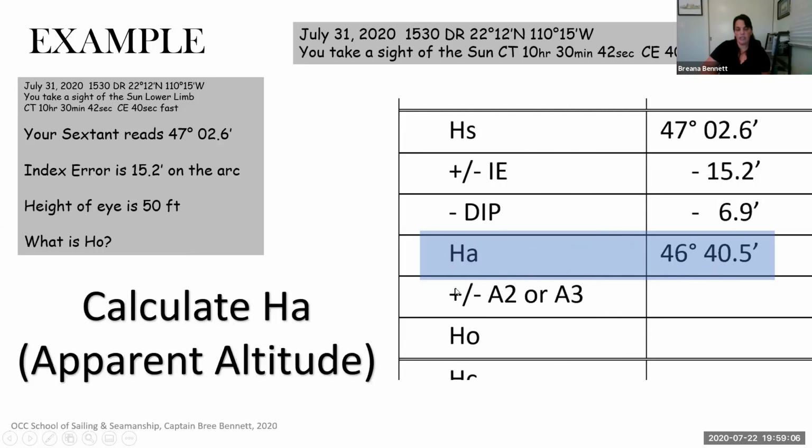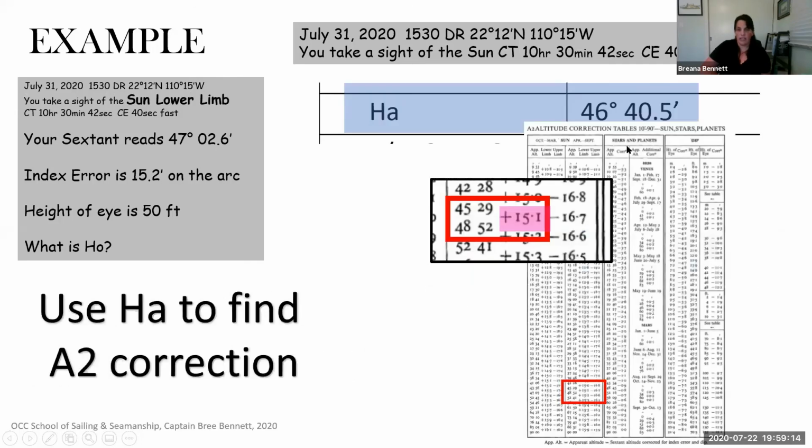Now we could go in and use our apparent altitude to get our A2. We observed the sun in July. So that is going to be the April to September section of our A2 column. And then we go in with our apparent altitude. So our apparent altitude was 46 degrees, 40 minutes.